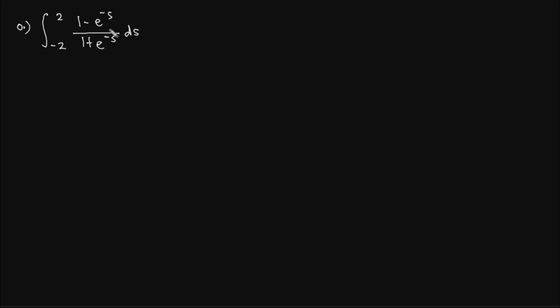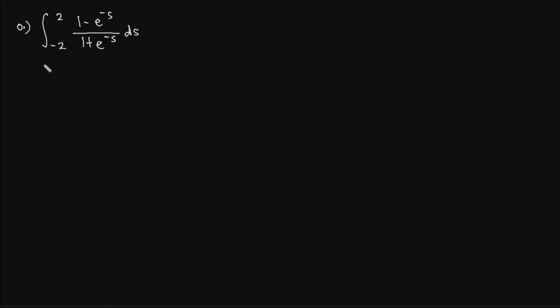And well, for this case kasi, if you try to differentiate the denominator, meron naman tayong e to the negative s, but how about this 1? So we need to make sure na yung ating whole numerator should be something like in terms of exponential function, just to make sure na yung ating derivative is a pure function of our exponential function. So I hope na-guess nyo yung idea doon.